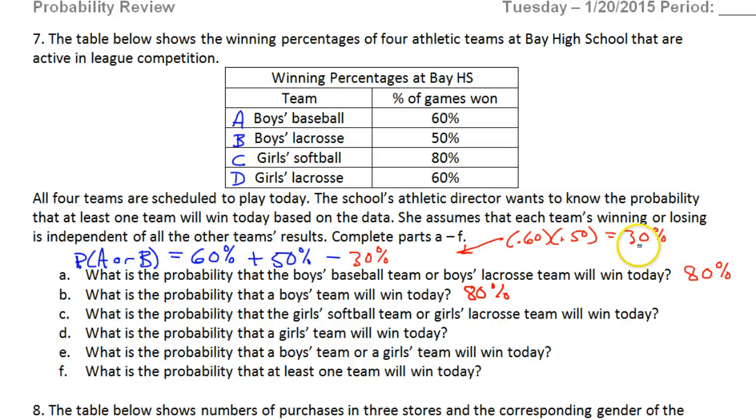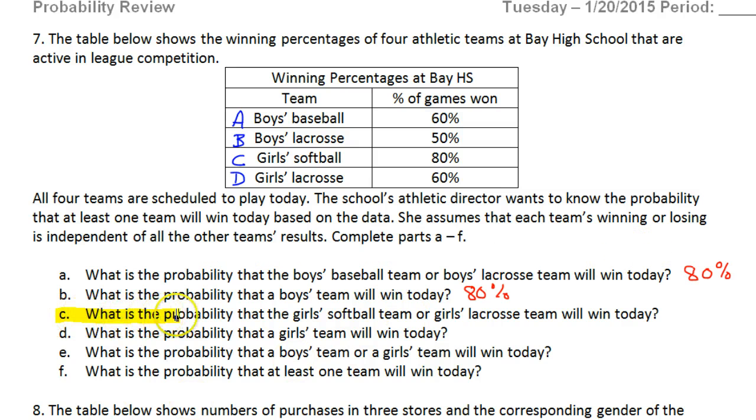I need the space, so I'm going to erase this and do the calculations up here. I'm going to highlight this to remind us that we are doing part C now.